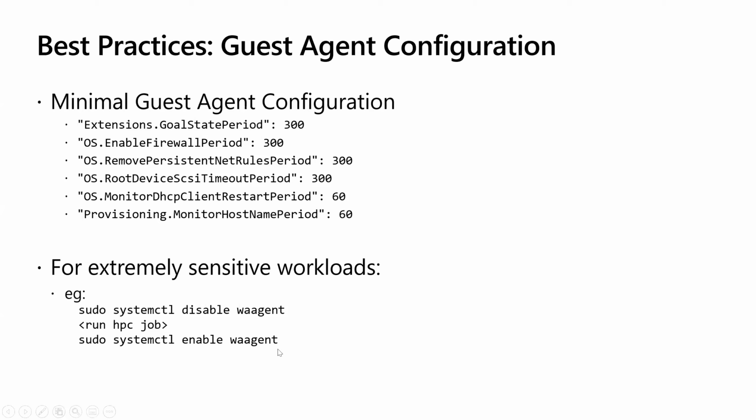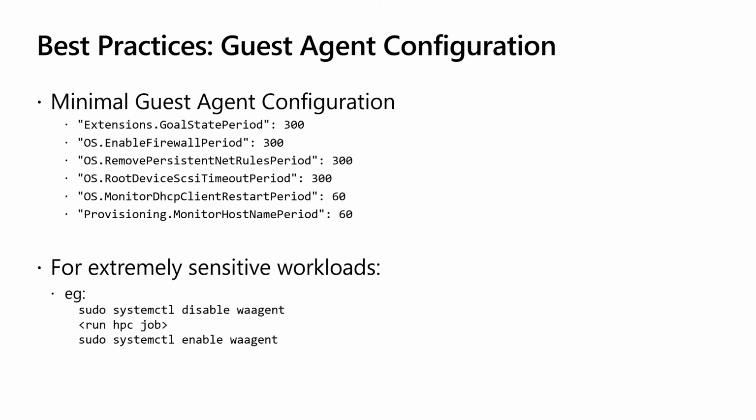One of the main use cases of the guest agent is, say, if you forgot your SSH key or want to reset your password, you can change that from the portal, and the communication happens to the agent. Those things won't work if you disable the agent, but for the most part, you can just disable the agent, run your HPC workload, and then enable it later.